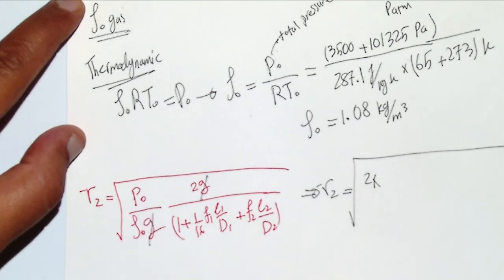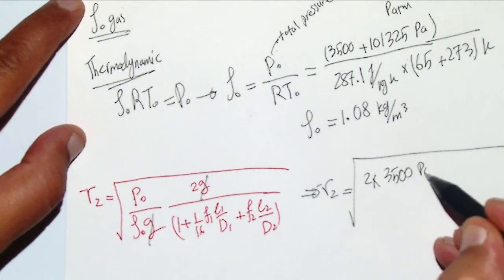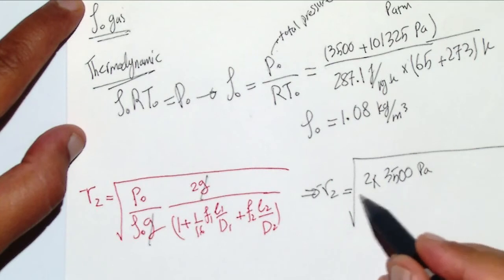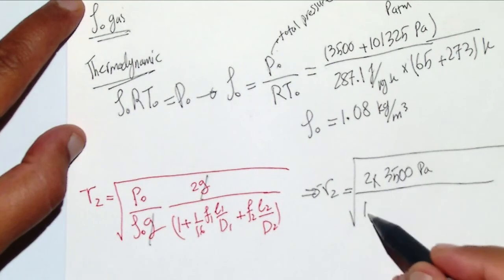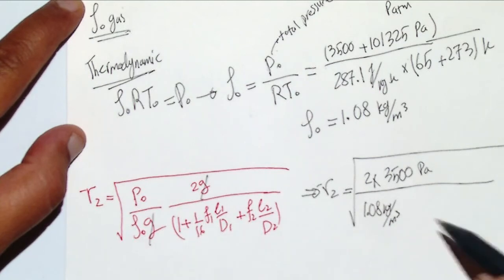Here P0 is gauge pressure, because you applied the gauge pressure on one side, and the gauge pressure at point 3, which was atmospheric pressure, you assumed as 0. So here you have to apply the gauge pressure, which is 3500 Pascal, and 1.08 kilogram per meter cube for the rho, plus 1 times 1 plus 1 over 16.